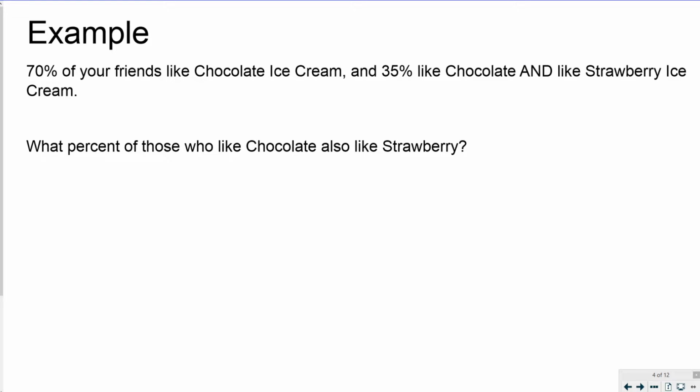So what percent of those who like chocolate also like strawberry? The probability of A given B would be equal to the probability of both chocolate and strawberry, so 35%, divided by 70%.